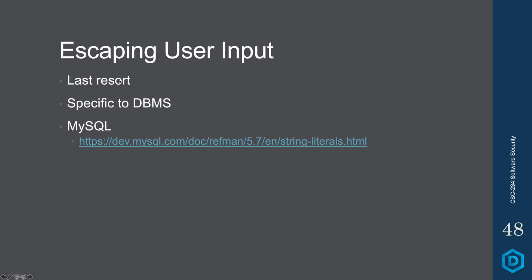Escaping user input, this is kind of a last resort here. Now this is something that's going to be specific to the specific database that you're using, so that's a little bit more difficult to do. The idea with escaping user input is basically removing some of the components that are commonly used in SQL injection. So based on the, again, database that you're using, whatever the specific comment character is, maybe we have to take that out.